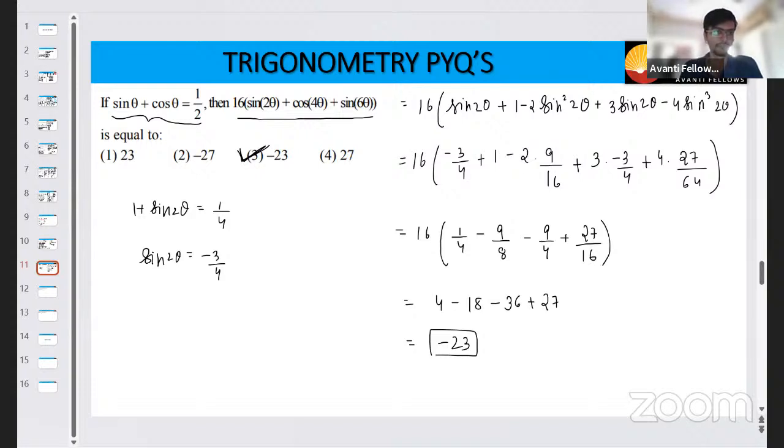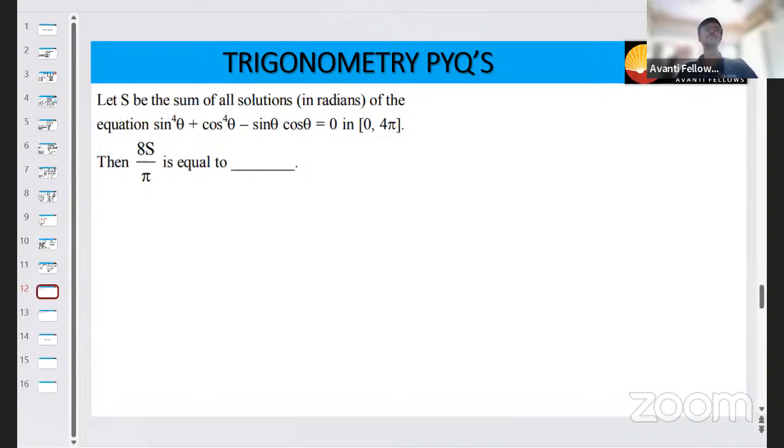Let's see the next. Let S be the sum of all solutions in radians of the equation. Then, okay, so this I can write as sine square the whole square plus cos square the whole square minus half 2 sine cos equals to 0. I'm trying to convert everything into double angle.